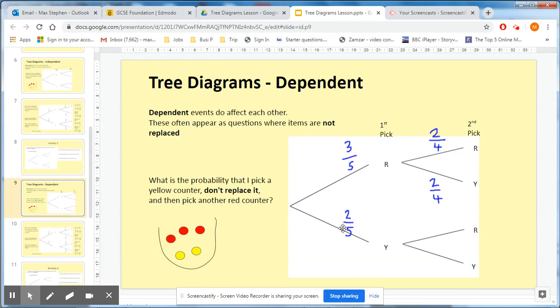These probabilities change again if I follow this arm. So if I take a yellow, I take that out, I don't replace it, again my probability is going to be a bit different. So if I've picked a yellow first, for my second pick, the probability of picking a red is going to be 3 out of 4.